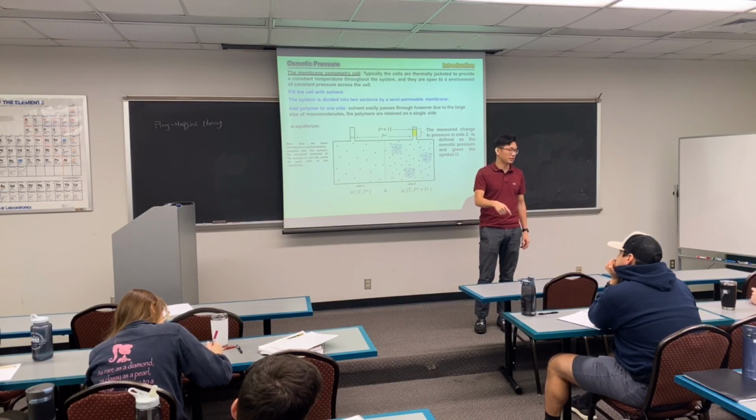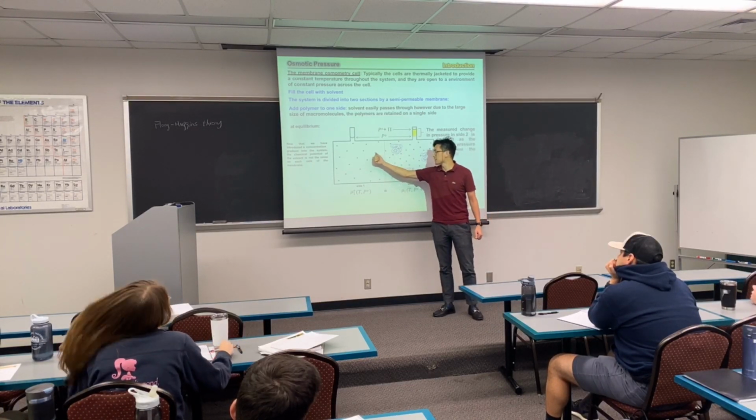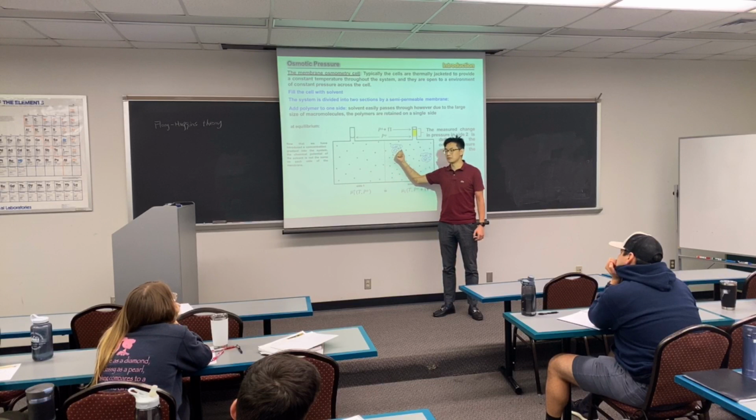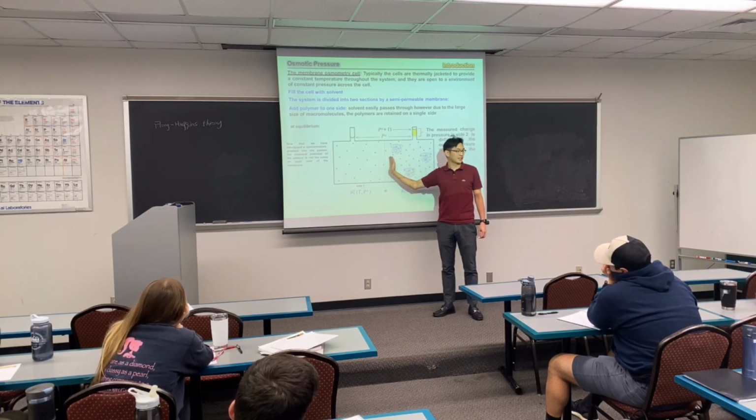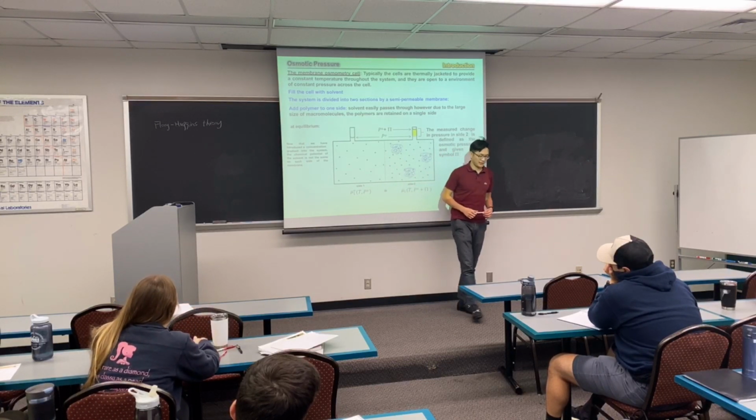The small molecules will go out to equilibrate, but you will have water come in on the other side. Same for osmotic pressure, it always drives the water molecules to mix in. If you don't have this membrane, eventually everything will be equal, right? Then there's no concentration gradient or chemical potential difference from the solvent.